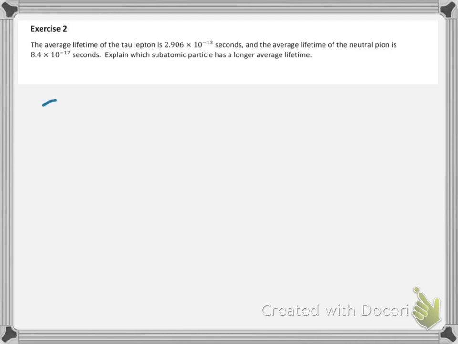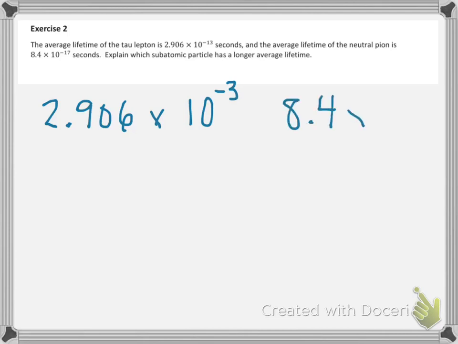So I guess let's just do this. Let's go 2.906 times 10 to the negative 13th, and our other is 8.4 times 10 to the negative 17th. And let's see, I wrote 3rd, I meant the 13th. And let's change this one to the negative 17th power.